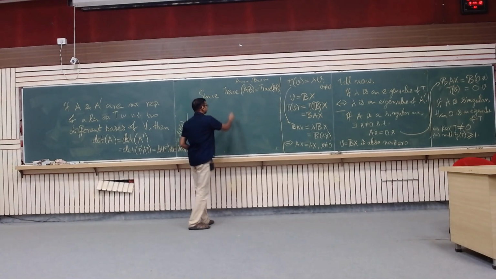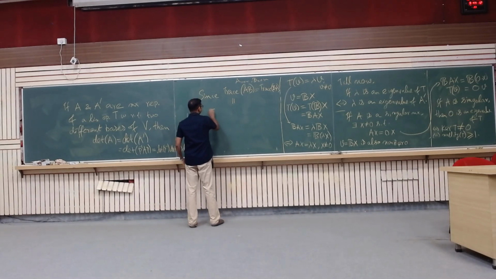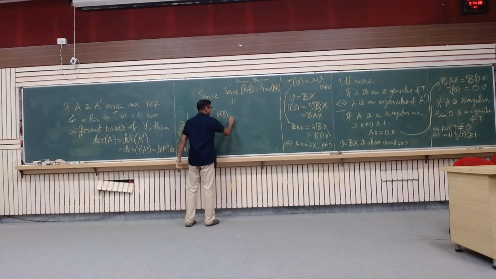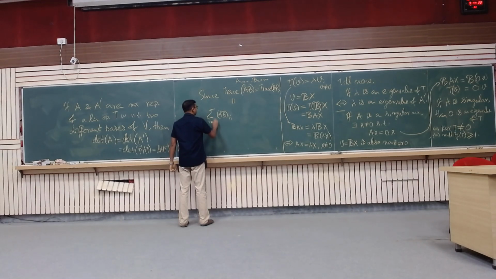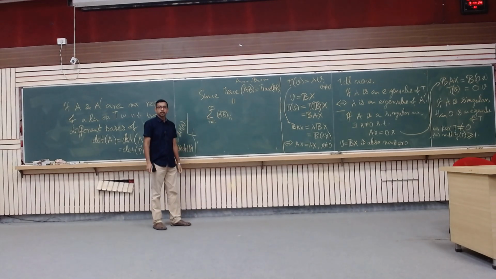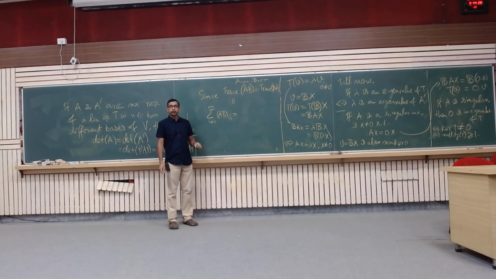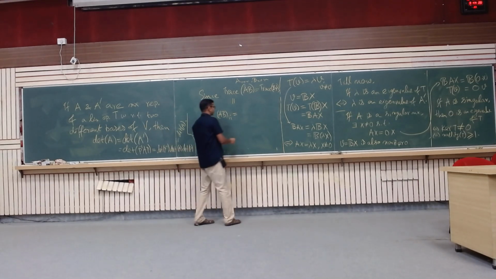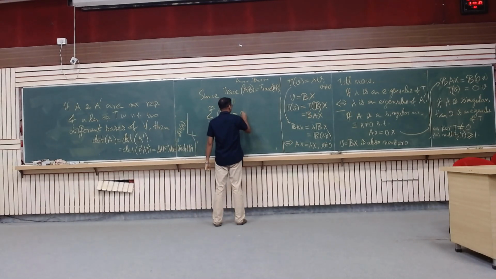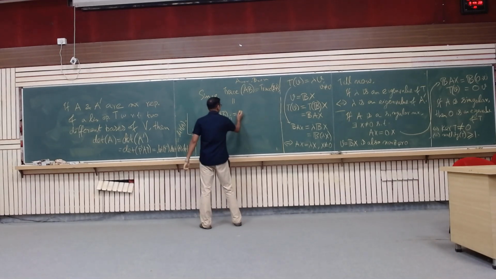Very good. So this is the sum of the diagonal elements, right? You can write the diagonal elements of AB with i running from 1 to n. And how to get these?